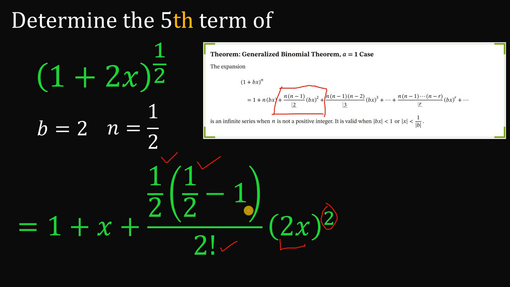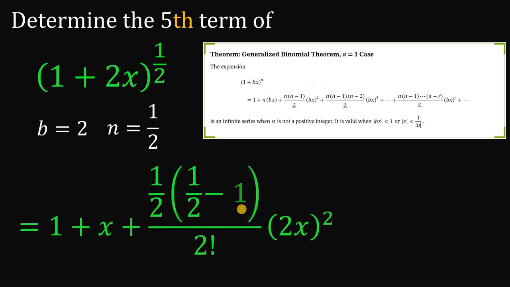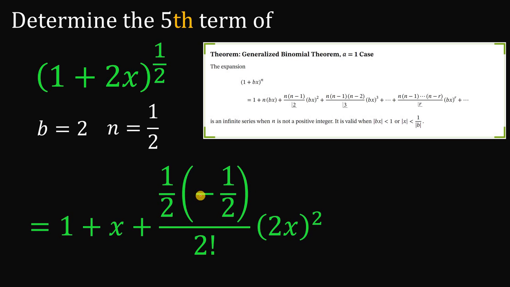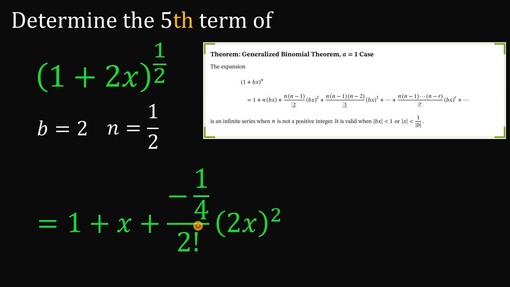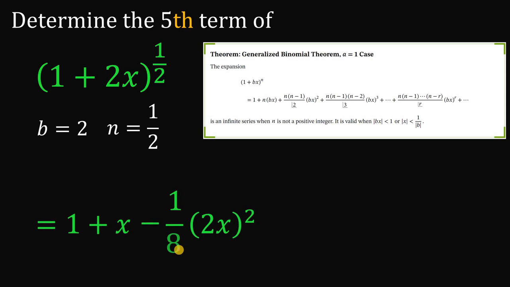Now let's simplify this. 1/2 minus 1 will give us negative 1/2. 1/2 times negative 1/2 will give us negative 1/4. Now this 2 factorial is just 2 times 1, or simply equal to 2. Now, negative 1/4 divided by 2 will give us negative 1/8. Now, (2x) raised to the power of 2 will give us 4x squared.